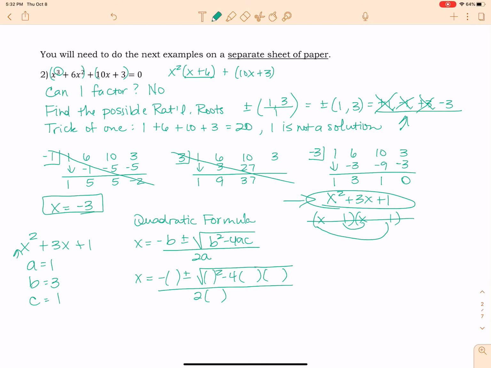Everywhere you see parentheses, that's where you're substituting in a value. Everything else in the formula stays exactly where it is. Notice I've included my signs here. That's because they're part of the formula. They could change if I substitute in a negative, but you have to pay attention to that. So I'm going to substitute in B, which is 3, in all these places. I'm going to substitute in A here and here. I'm going to substitute in C right there.